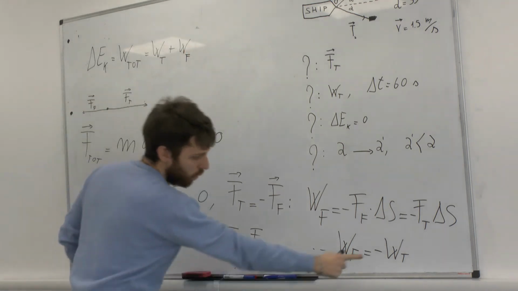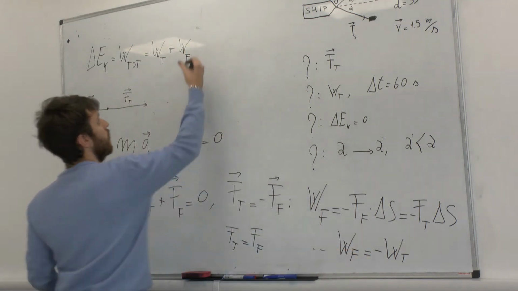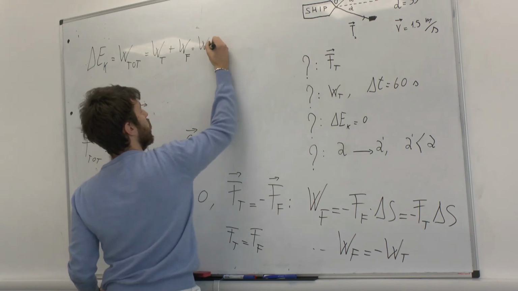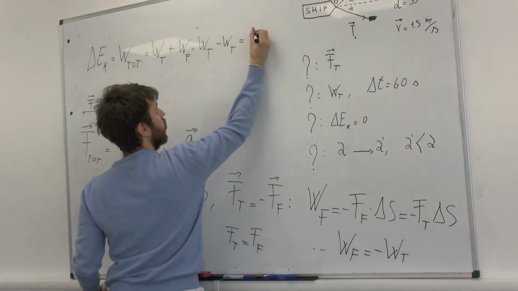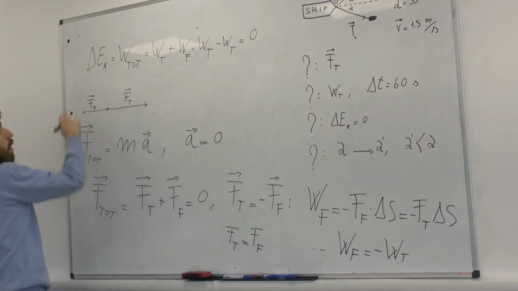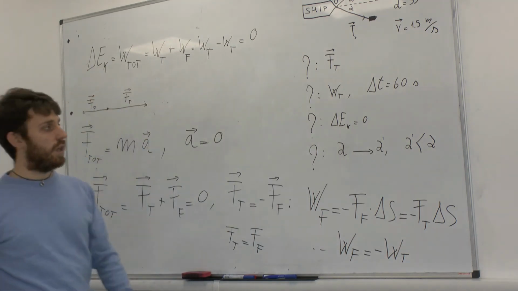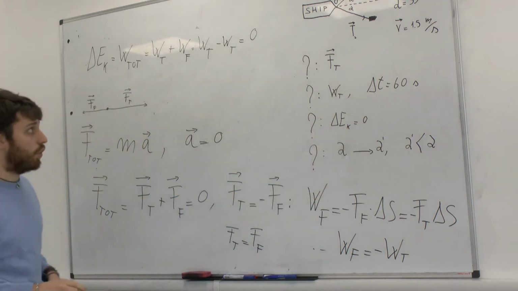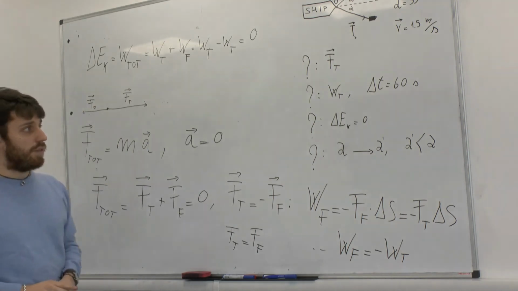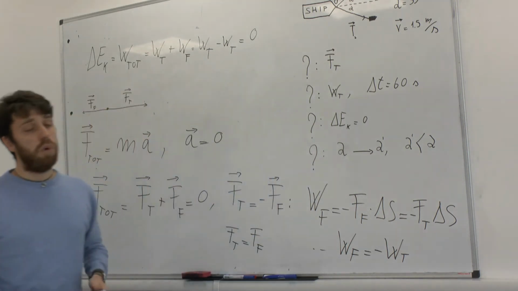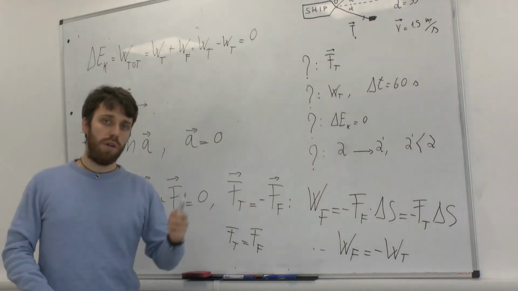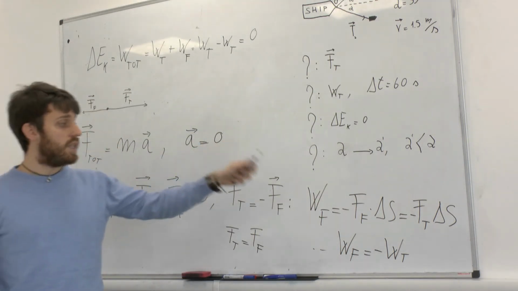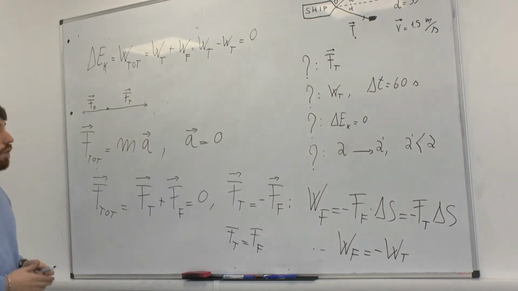But if you use the result we have just obtained, this is equal to 0, and we have proved that the kinetic energy is effectively conserved. It means that the work done by the pulling force is spent to keep the ship traveling with constant velocity against the frictional force.